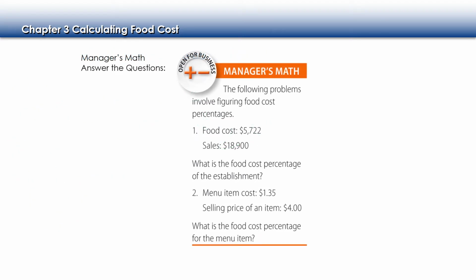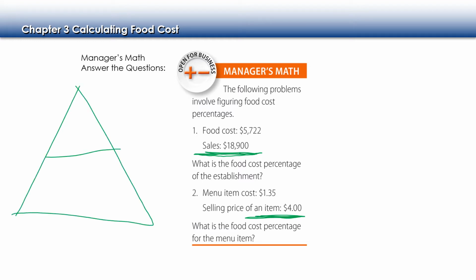We can look at our cost as a percentage. Now, this first example shows our food cost as a percentage for an entire period, but we can also apply the same concepts to one single item. The tool that we use, remember, is our triangle. Cost, percent, sales.